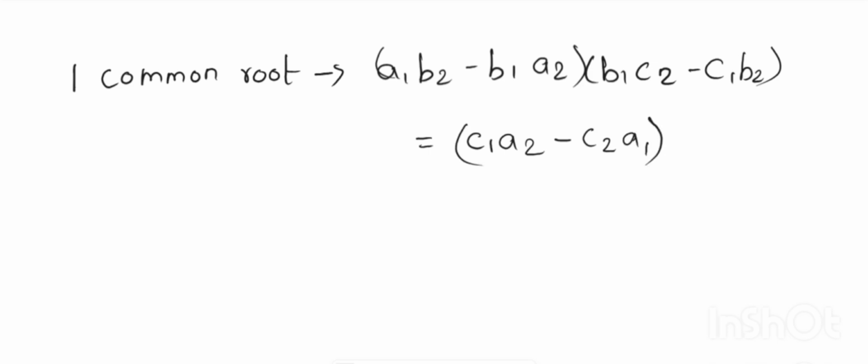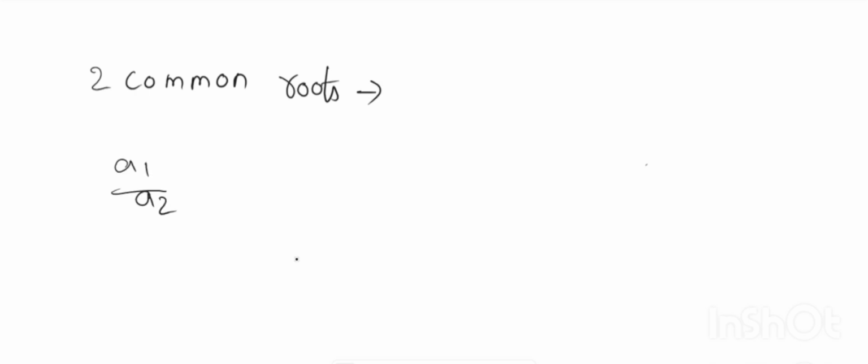With one common root, this is the condition. And if there are two common roots, then a1 by a2 is equal to b1 by b2 is equal to c1 by c2 is the condition.